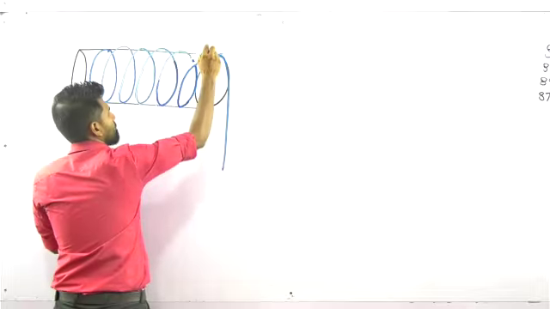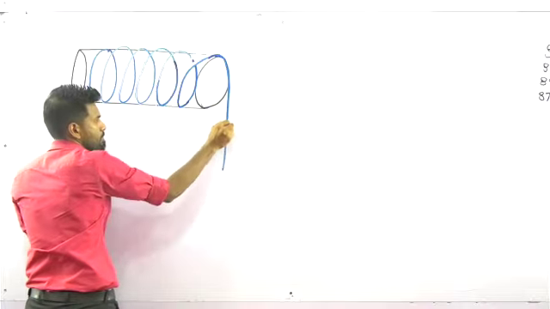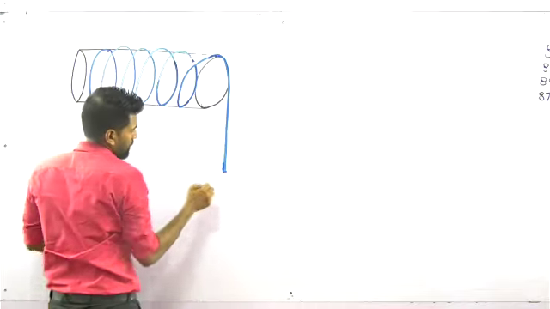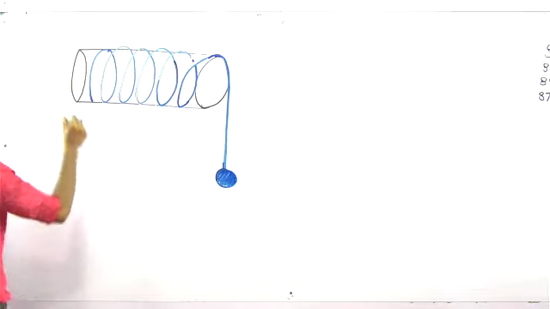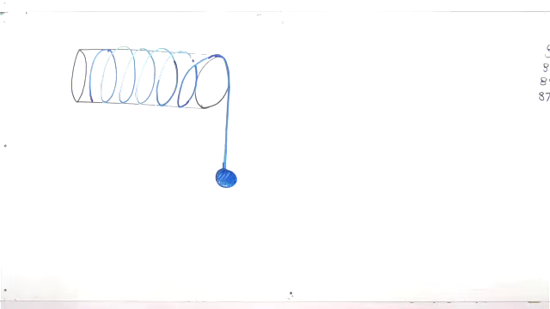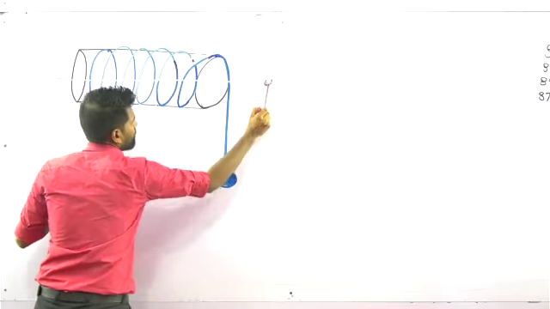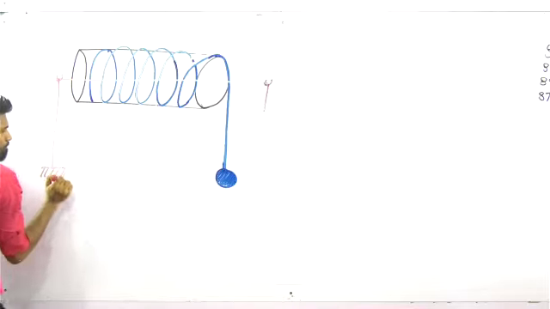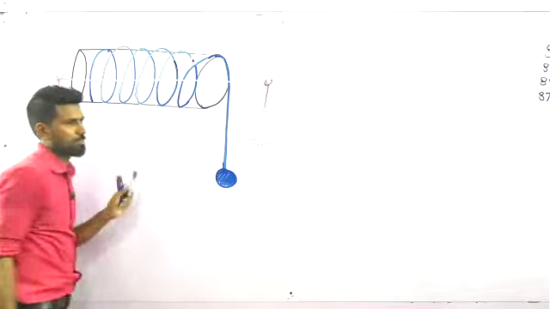Okay, so it's like this. And here a mass is attached. And from the axis is also there. You have to consider that also. Like this.